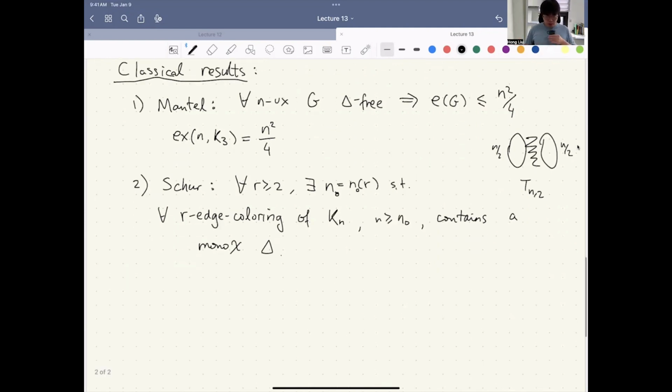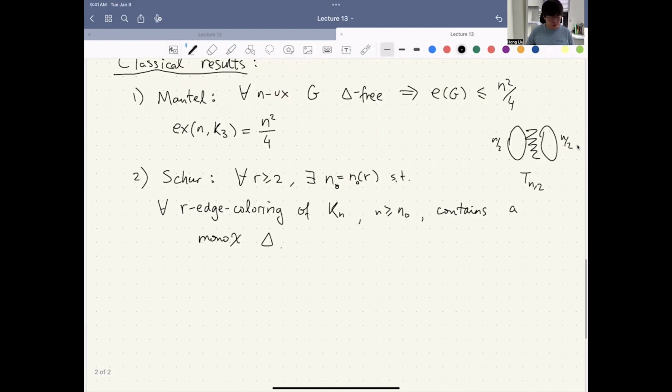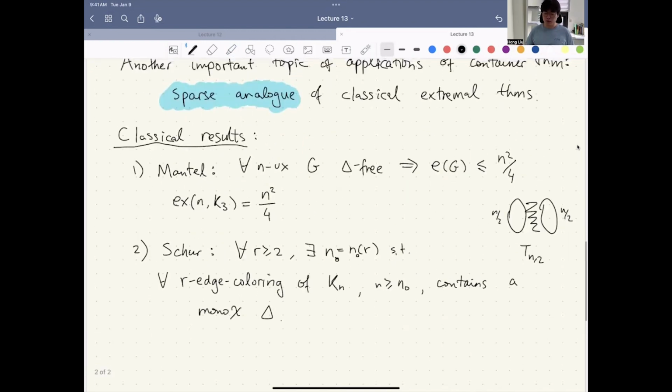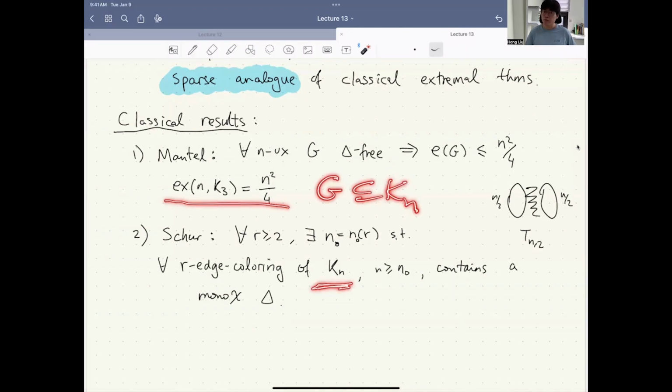And what is the sparse analog? What would this type of problem look like? We're going to see these two examples, the sparse analog of Mantel's theorem and the sparse analog of Schur's theorem. Basically, the question is, we want to prove such statements, the Turán type and Ramsey type statements, where instead of the host graph being the complete graph, we are looking for a graph G, which is a triangle-free subgraph of the complete graph. And here we are coloring the edge set of the complete graph.